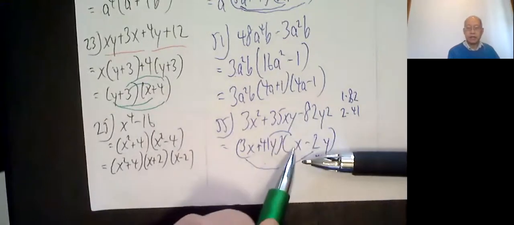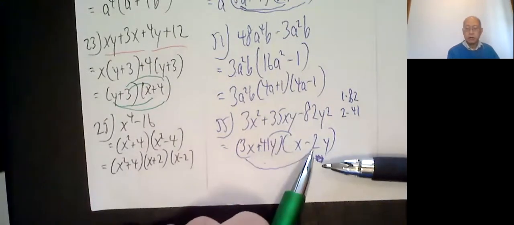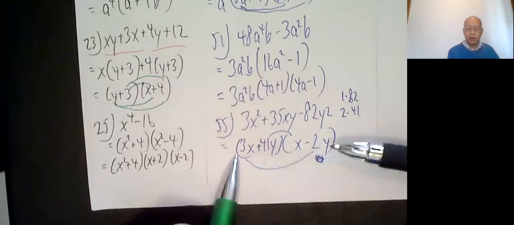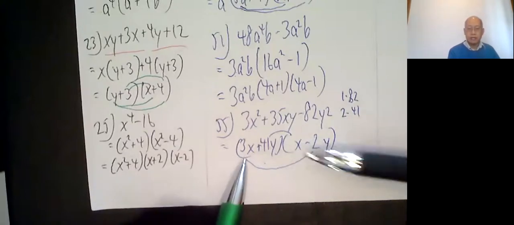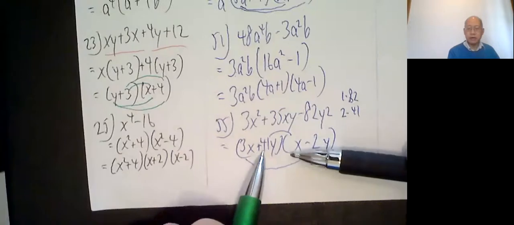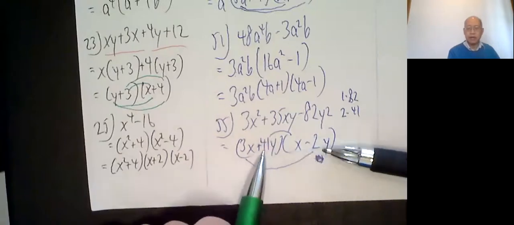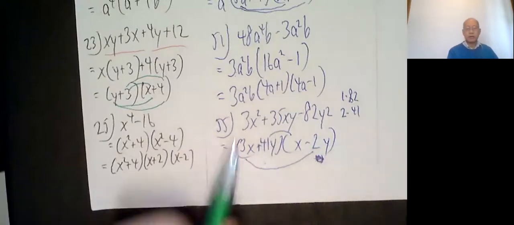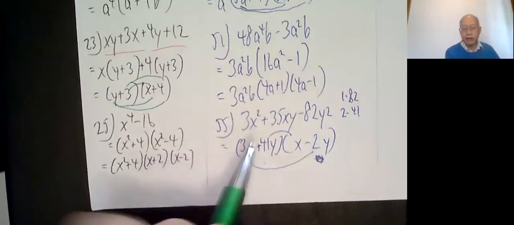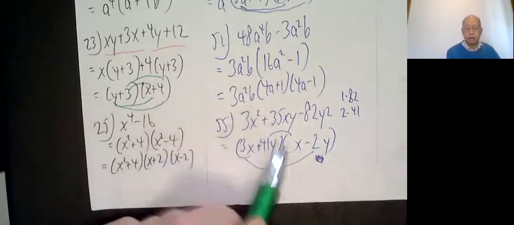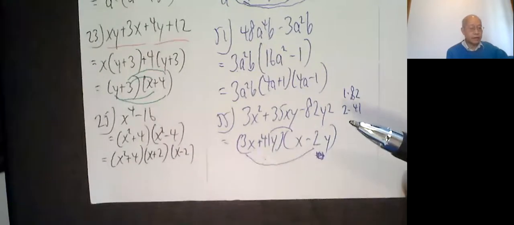So 3x and x, 41 goes here, 2 goes here. How do I know? Multiply that back out, right? 3x squared minus 6xy plus 41xy is a plus 35xy, and then minus 82y squared. Okay. Now, of course, I've done this many times, so I can go right to it. You might have to experiment, try different combinations until you get the right thing.